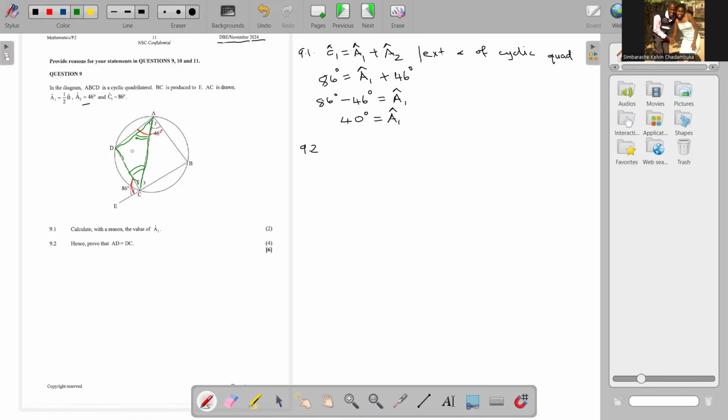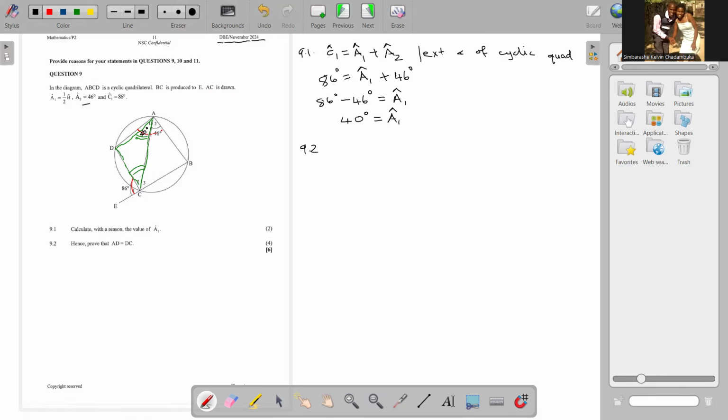We found this angle to be 40 degrees. So what this question wants you to prove is that this angle C2 is 40 degrees. But since we do not know this angle, we can't go there straight.